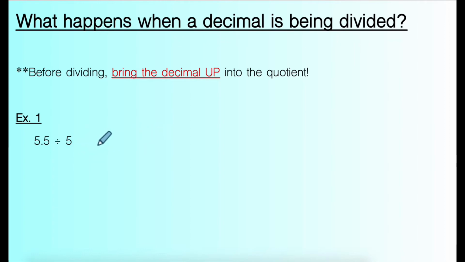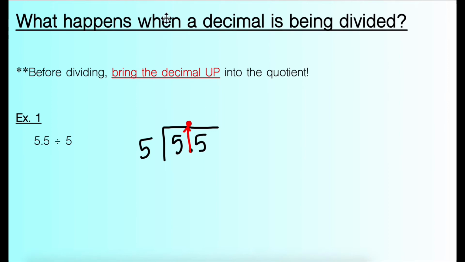And so let's look at a very simple example just to show what I mean by that. So if we set this up, 5 and 5/10 is inside and the whole number 5 is outside. Since I've got my dividend, the number inside, as a decimal, before I even start any work, I want to make sure that I bring this decimal up into the quotient. It goes right there.